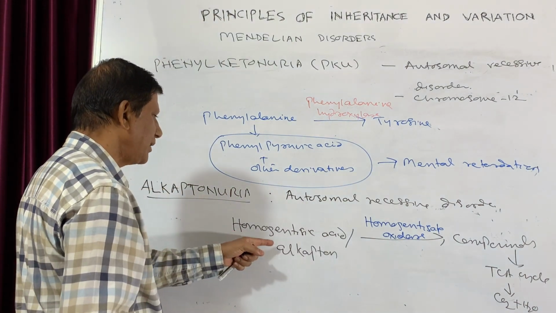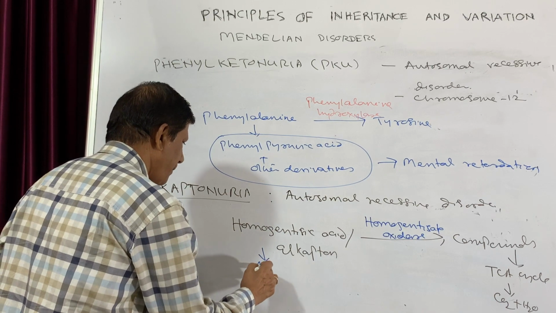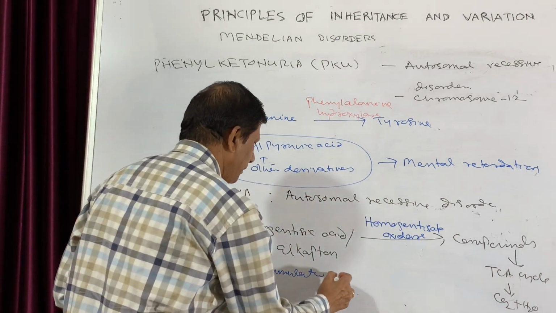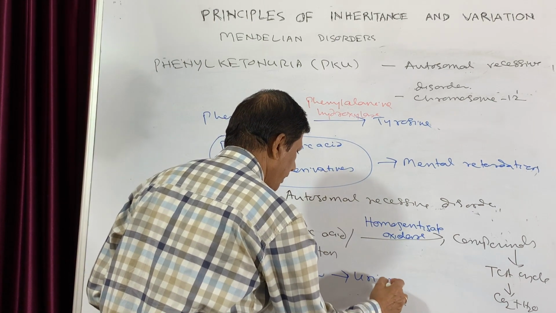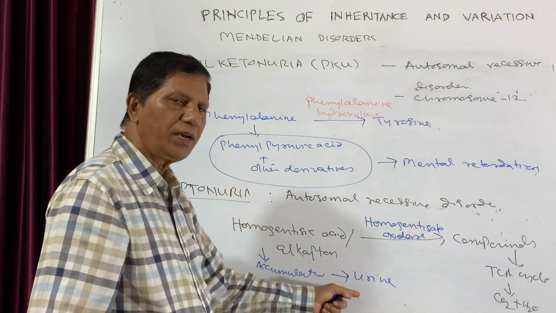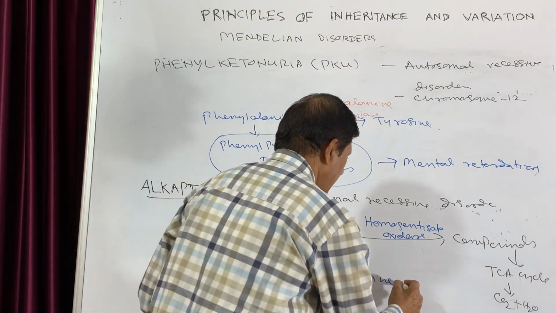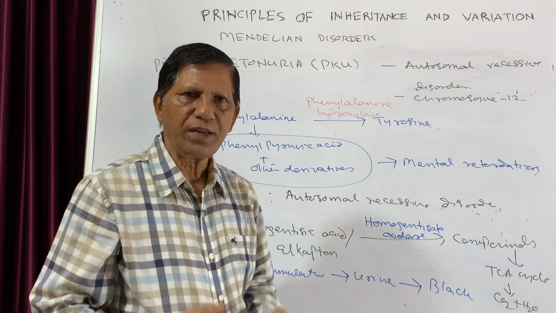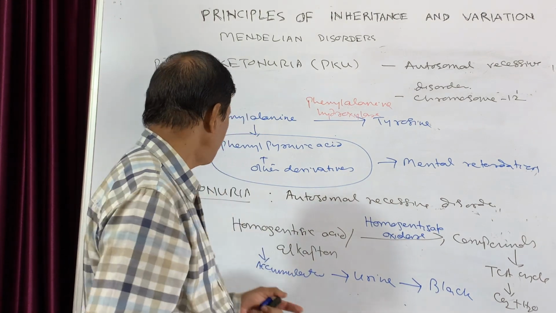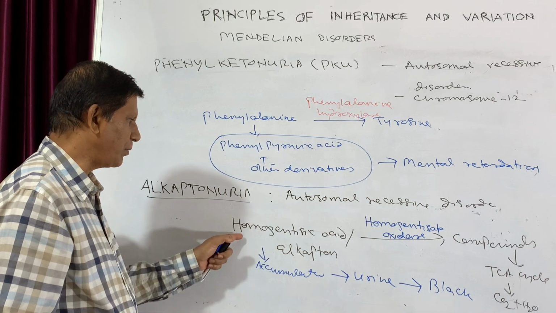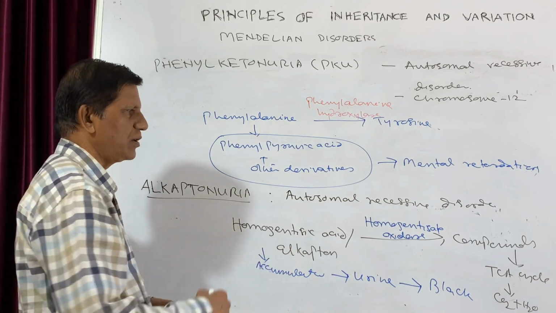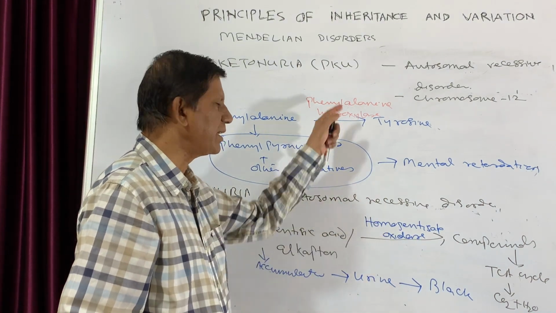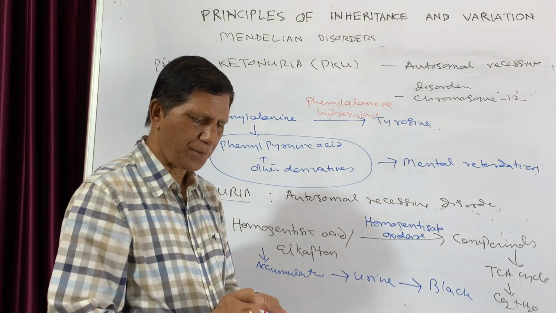This homogentisic acid or alkapton will accumulate in the body and it will be excreted through urine. When this urine comes in contact with oxygen, it will turn black. That means black urine is the major symptom of alkaptonuria, and it is due to accumulation of homogentisic acid, which is not converted to other compounds due to non-synthesis of homogentisic oxidase. You have to remember these enzymes because they are important from the examination point of view.